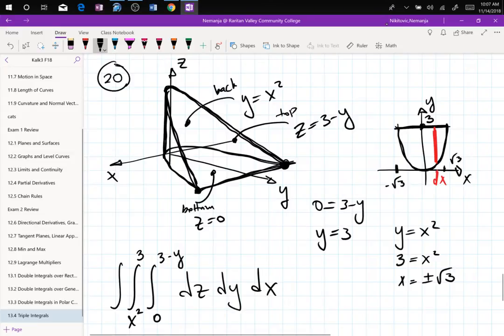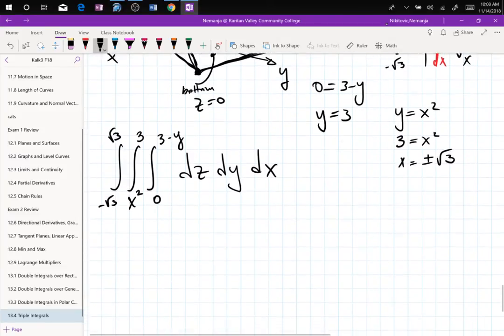The bottom of the representative rectangle is x squared. The top is 3. You see that the red representative rectangle is trapped between x squared on the bottom and y equals 3 on top. So x squared to 3. And then x goes from negative root 3 to root 3, that should be clear.